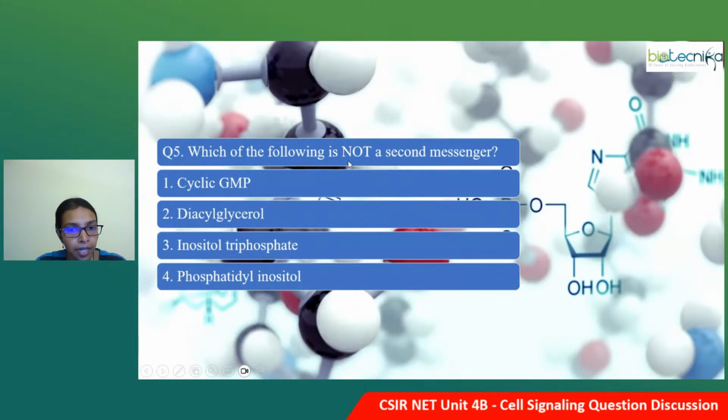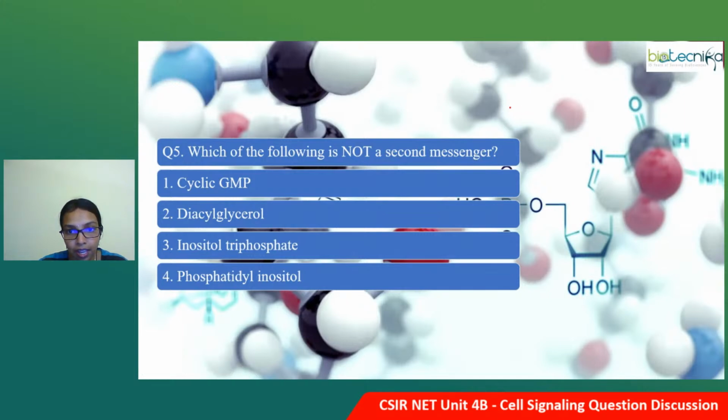Can anyone tell me, second messengers lead to the activation of which protein? In a pathway, second messenger leads to the activation of which next protein?